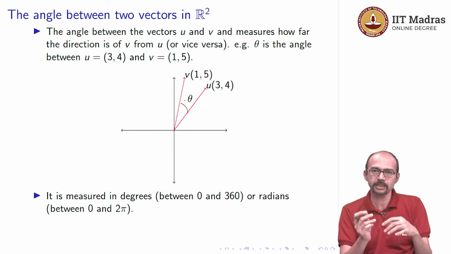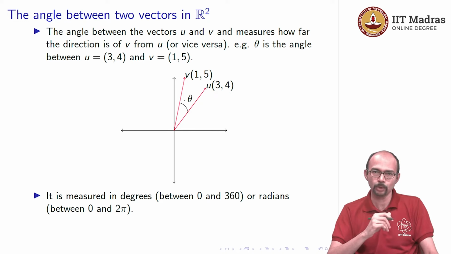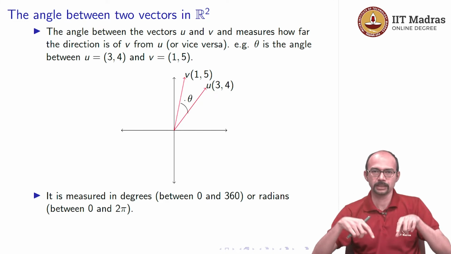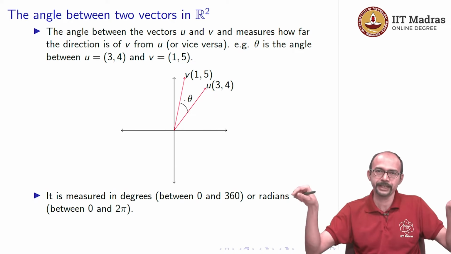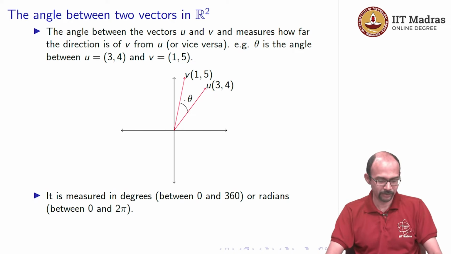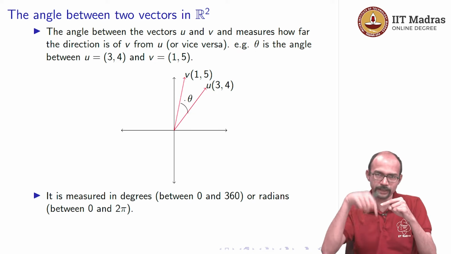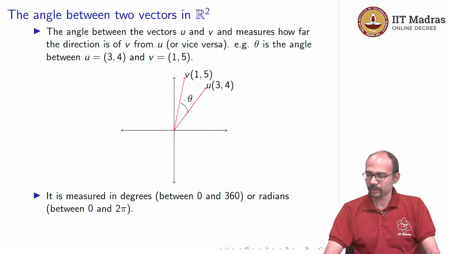So just pi, which is 2 pi by 2, so half of 2 pi, is where the two vectors are parallel to each other but pointing in different directions, okay. Like from the center of the earth, the north pole and the south pole, they are in different directions. So it is measured in degrees or radians.